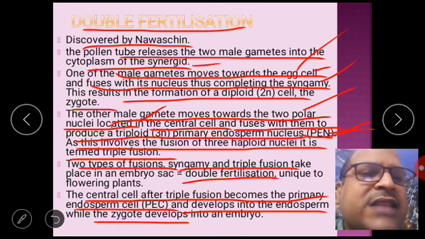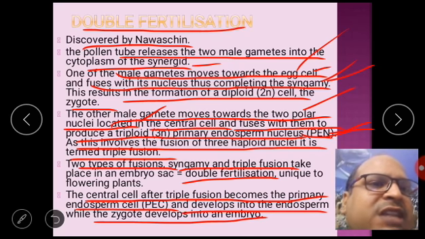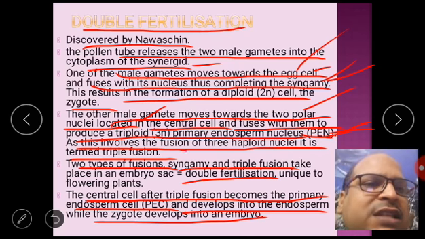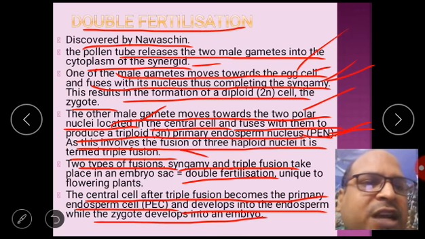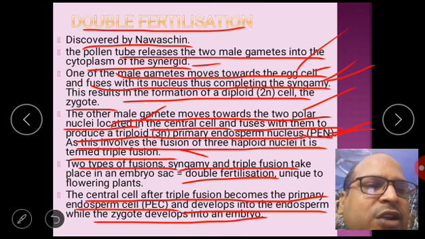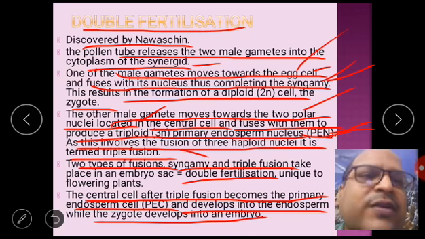Okay, while the zygote develops into the embryo. Actually, the product of syngamy is the zygote, and the product of triple fusion is the primary endosperm nucleus. So that primary endosperm nucleus will produce endosperm, and the zygote will produce embryo. Okay, so it is clear now.